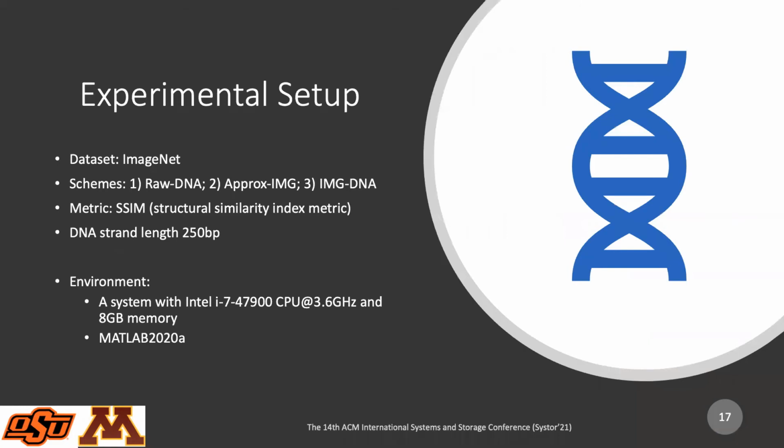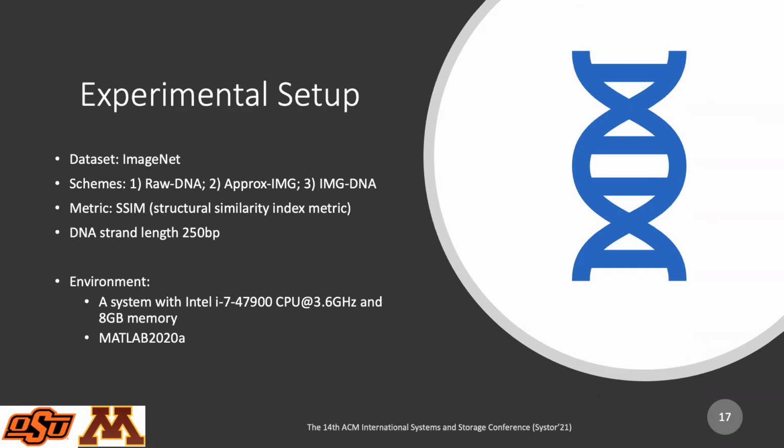According to the experimental setup, we use IMG-DNA as our data set, and we use three schemes to compare in our paper. The raw DNA is the traditional DNA storage. Approximate image is one type of approximate storage scheme normally used in solid state drives, and IMG-DNA is our proposed scheme.